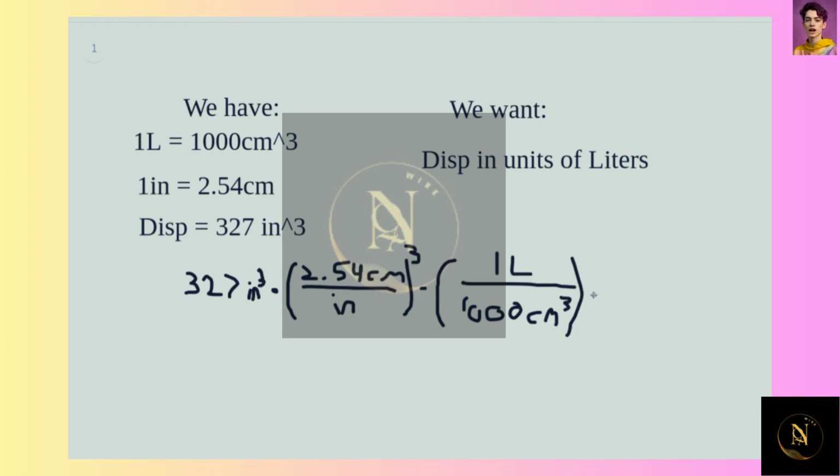Okay? Equals. We're done. So we've gone from inches cubed to centimeters cubed, and then from centimeters cubed to liters. And if you crank that through your calculator, you should end up with 5.36 liters.